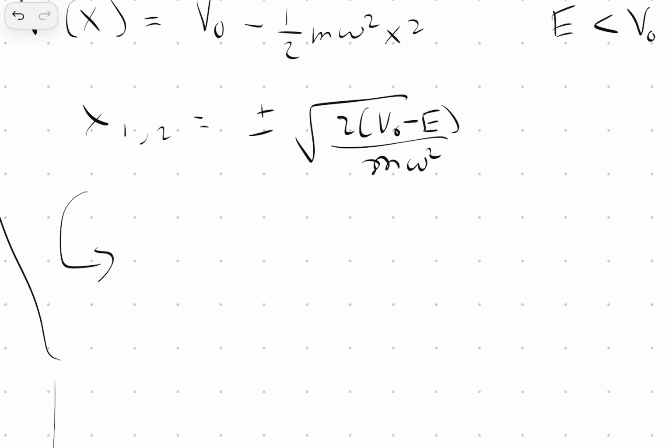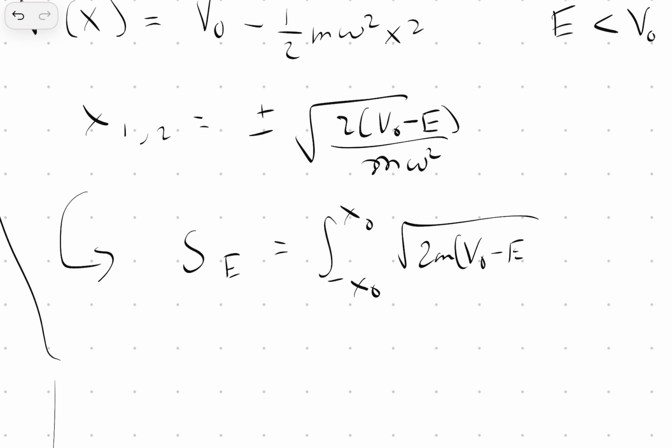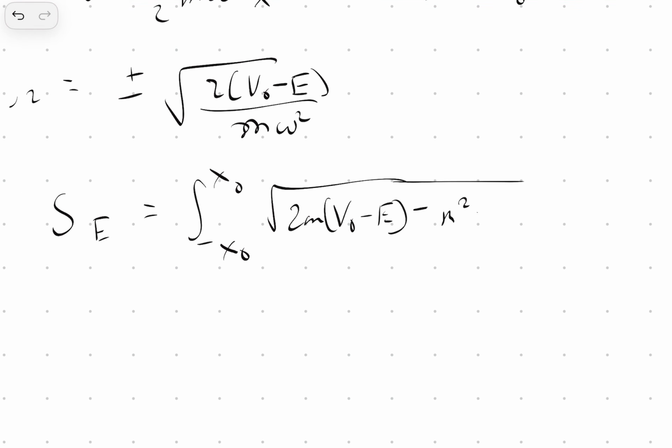And then the exponent integral becomes the integral of the square root of 2m(V naught minus E) minus m squared omega squared x squared dx, right?